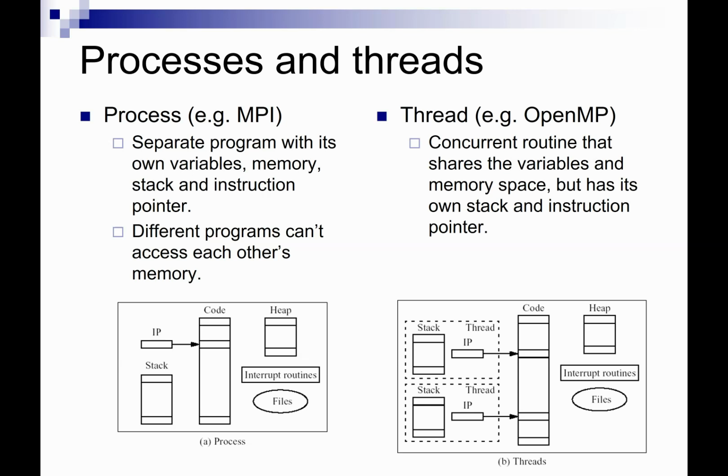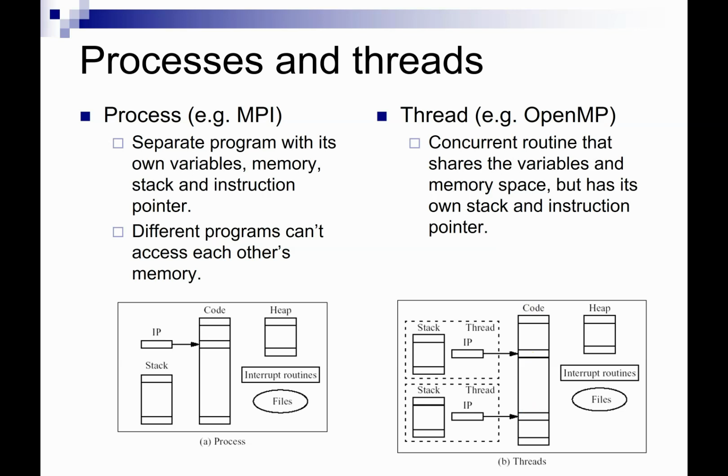Now for threads, which is what OpenMP uses. In OpenMP, you don't have multiple parallel processes, you have multiple parallel threads. The difference with a thread is that all of the threads run within one process. So you have multiple threads within one process, executing different portions of this piece of code.